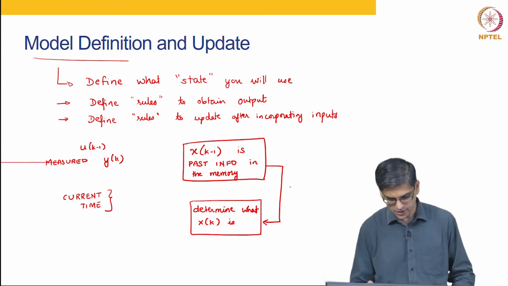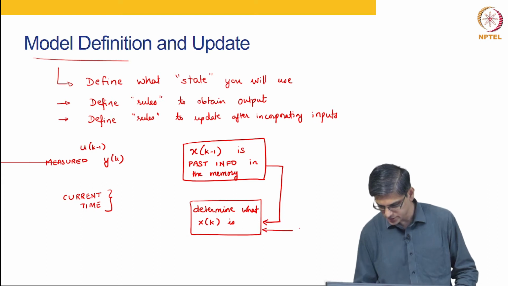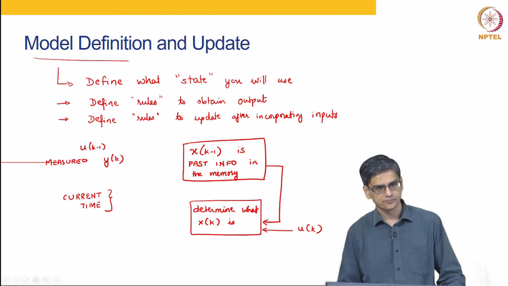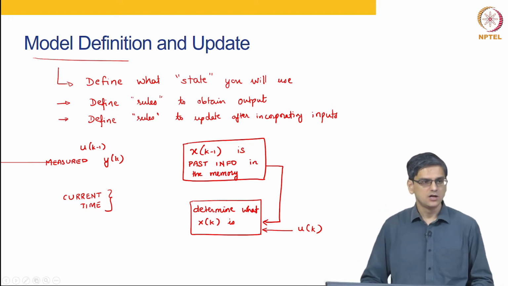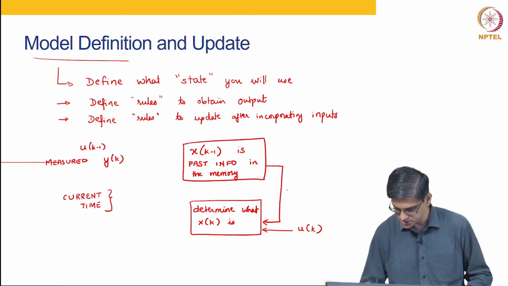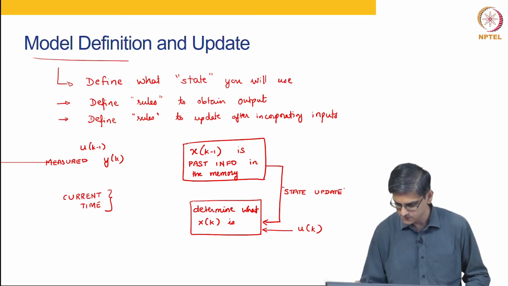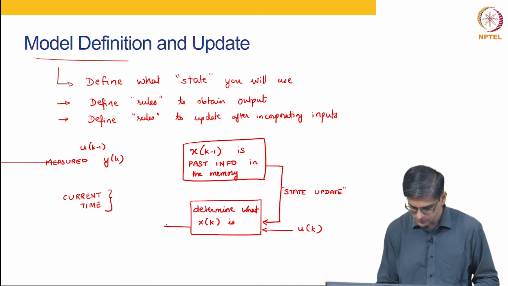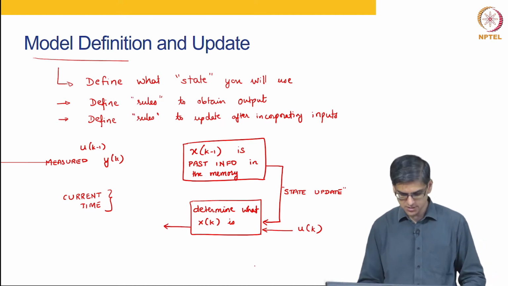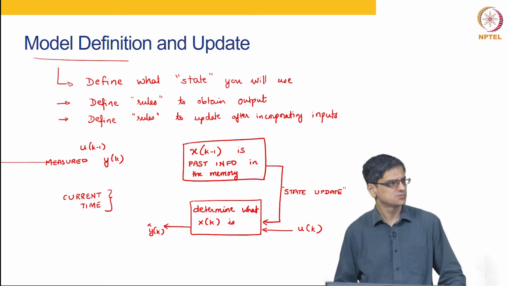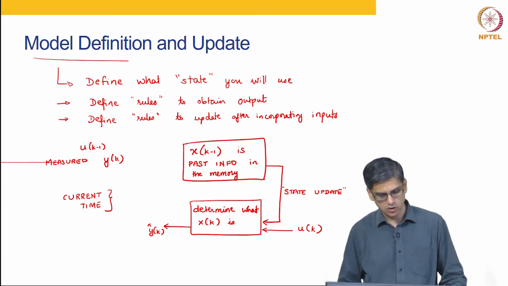What is going to be incorporated into this is our information uk. This is called state update. Once we get this, we can then determine our output prediction, I will put a hat over there just because it is a model prediction, yk hat.